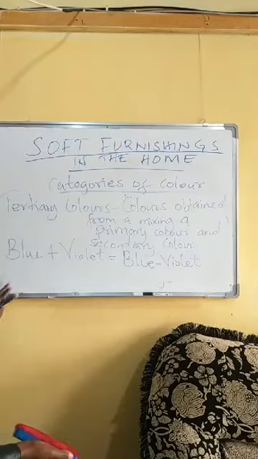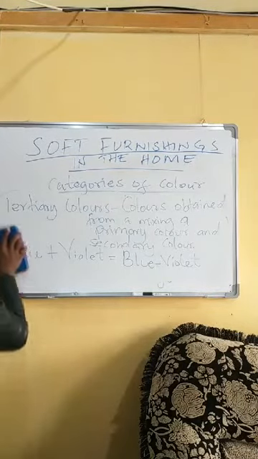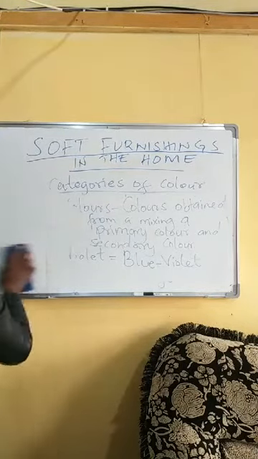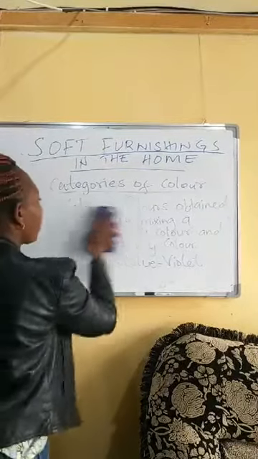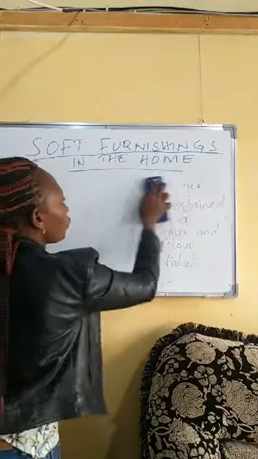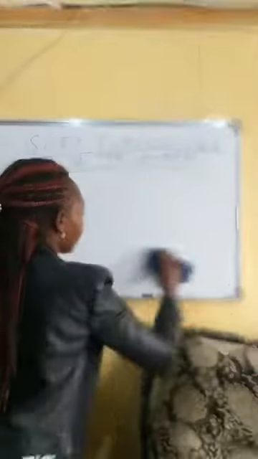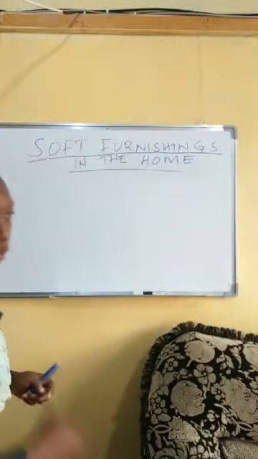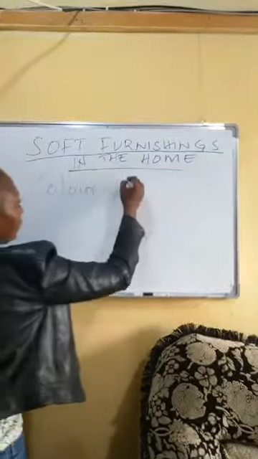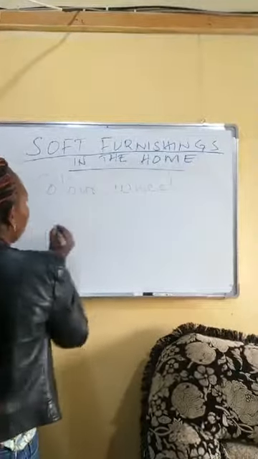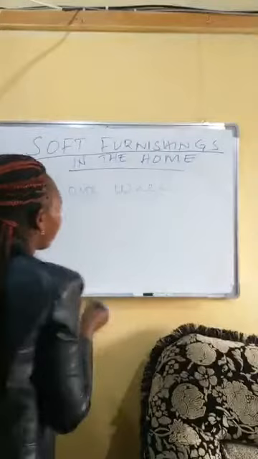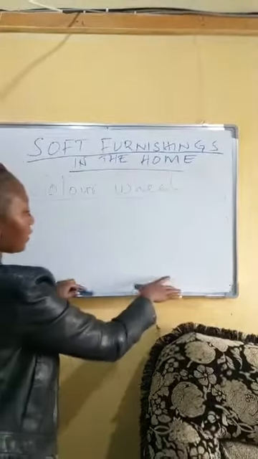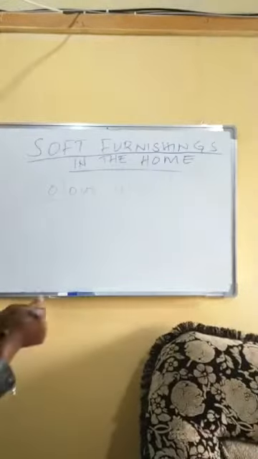Now, after we've known the categories of color, there's another aspect that we need to learn about colors. So you've known to categorize these colors. Now, why is it important for you to know how to categorize them? Because finally, they're going to construct something known as a color wheel. Now, what is a color wheel?